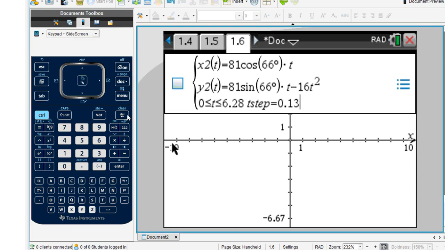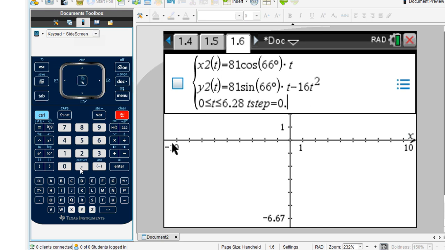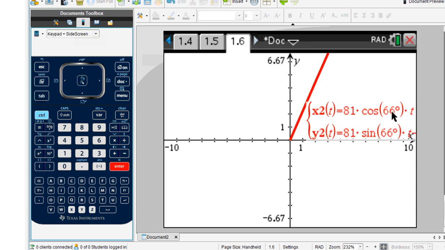I'm going to go down and readjust this 0.13 to 0.031. It just seems to work well. And so we're going to trace the kick to 150 feet away and see where it is, assuming it's straight. So here's what the kick looks like, unadjusted.